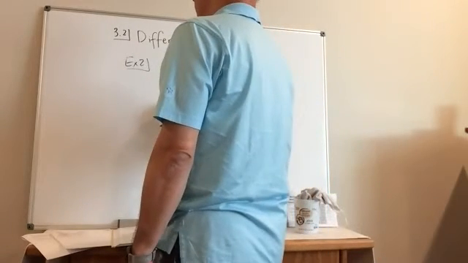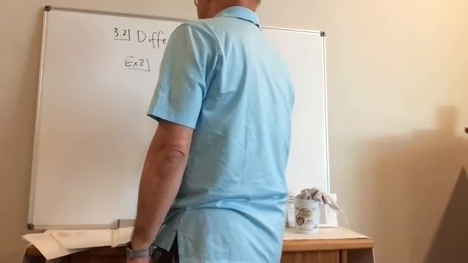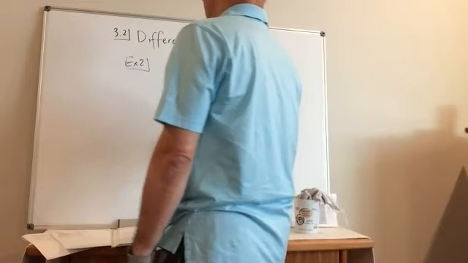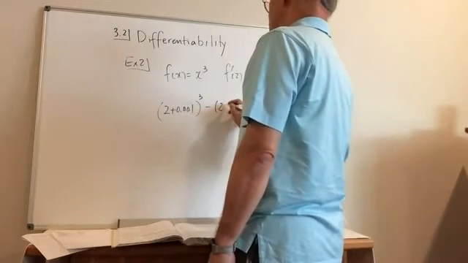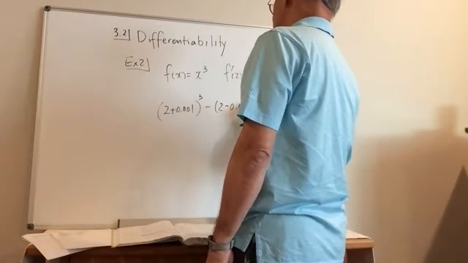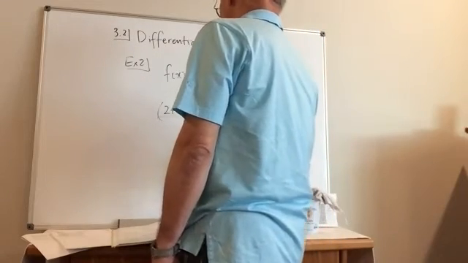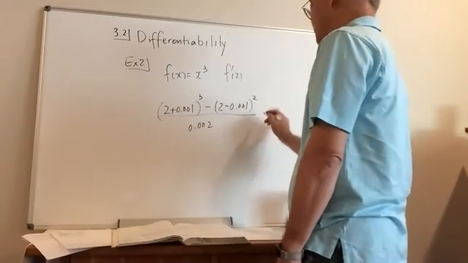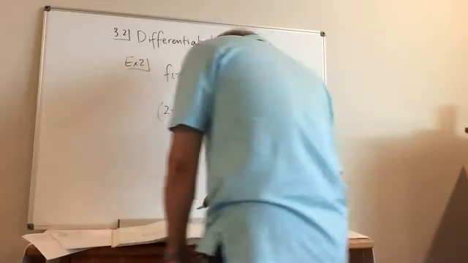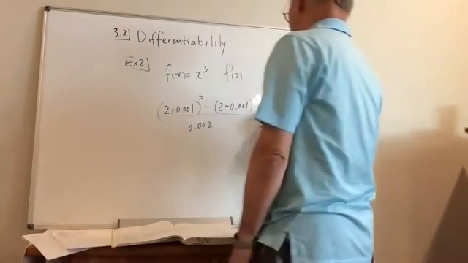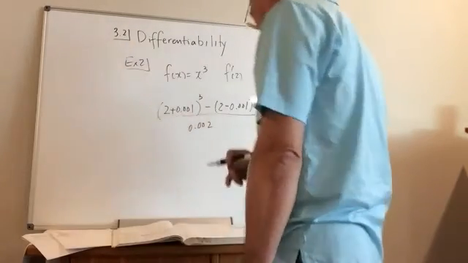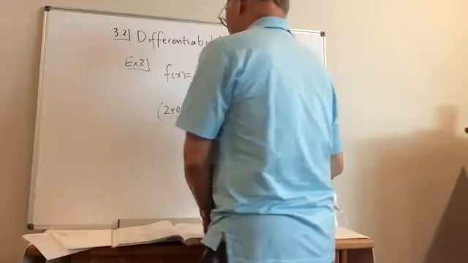So it's going to be what? 2 plus 0.001 cubed minus 2 minus 0.001 cubed, over 0.002. And this is what they're asking you to do. So if you do that, you're going to get 12. Okay?